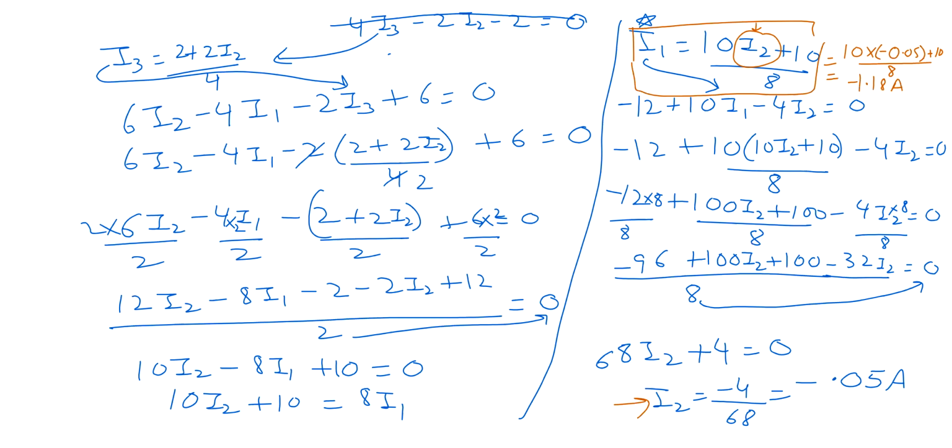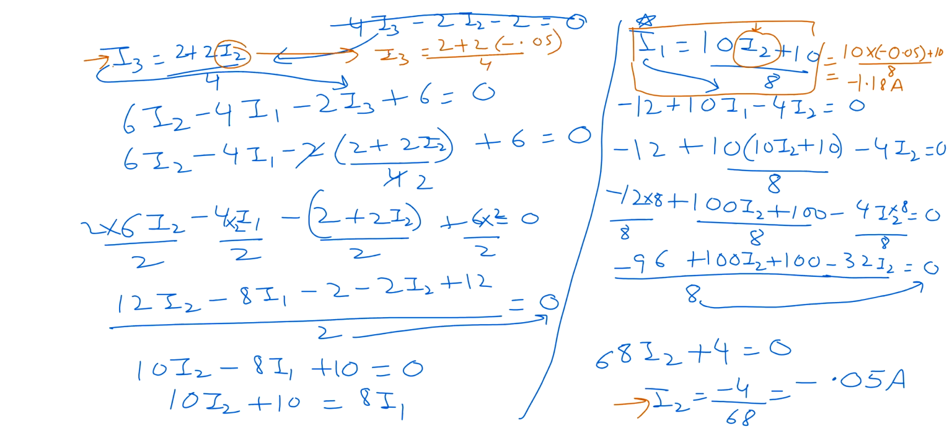You can substitute the value of I2 in this equation here to find I3. So I'm just putting here for I3. I3 will be 2 plus 2 times minus 0.05 divided by 4. So solve it. You will get 2 times 0.05 minus 2 divided by 4.